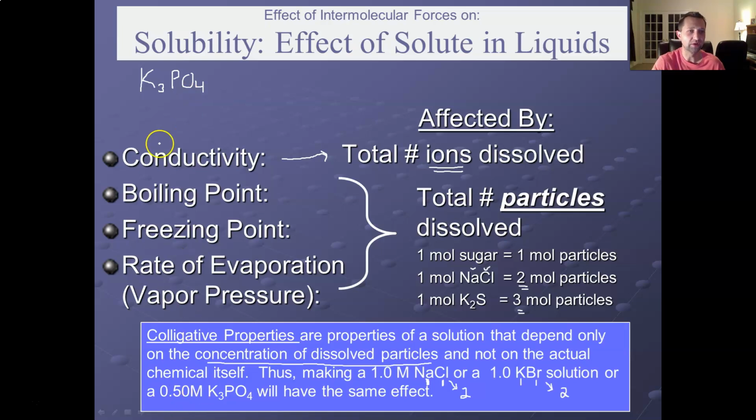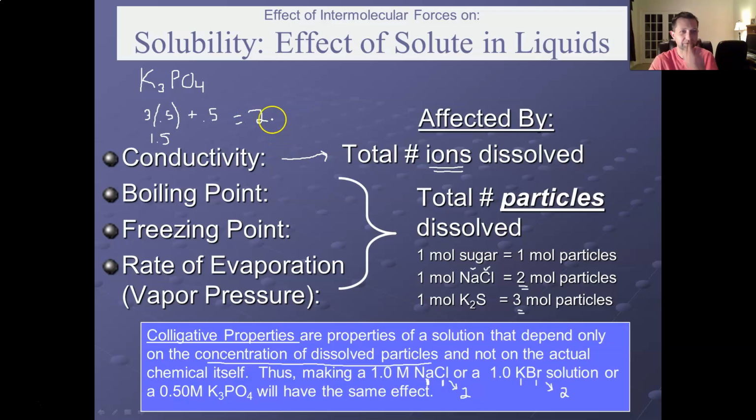It's 0.5 molar. So you have 3 potassiums. That's a 3. 3 times 0.5 molar gives you 1.5 for your molarity there, basically, because you have a half a molar solution. So you do a half a molar times 3. Phosphate, there's only 1 of them, so it's another half a molar. 1.5 plus 0.5 gives you 2.